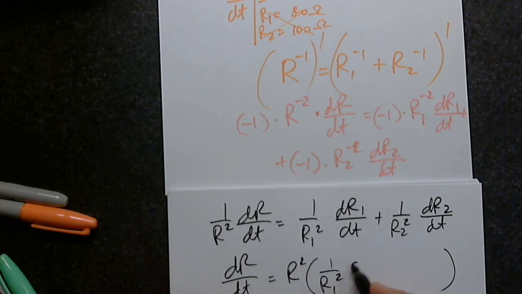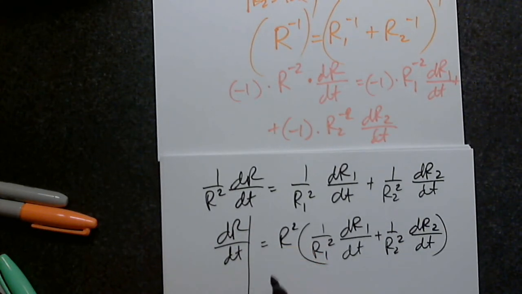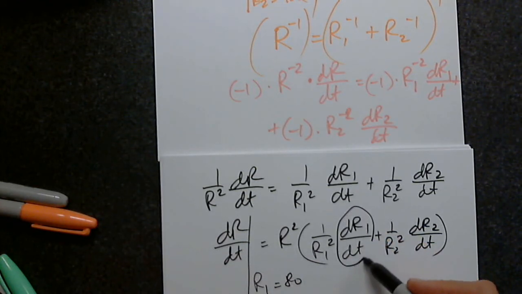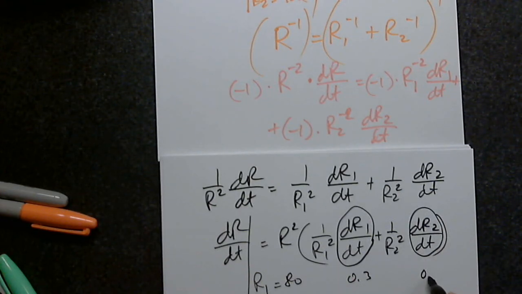R squared times 1 over R1 squared dR1 over dt plus 1 over R2 squared dR2 over dt. And I'm ready now to plug in R1 80 and R2 100. And I have this as 0.3 and I have this as 0.2.